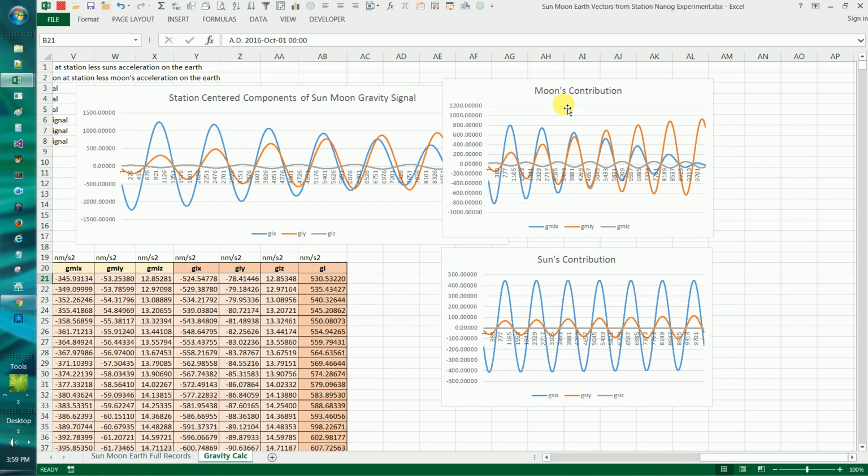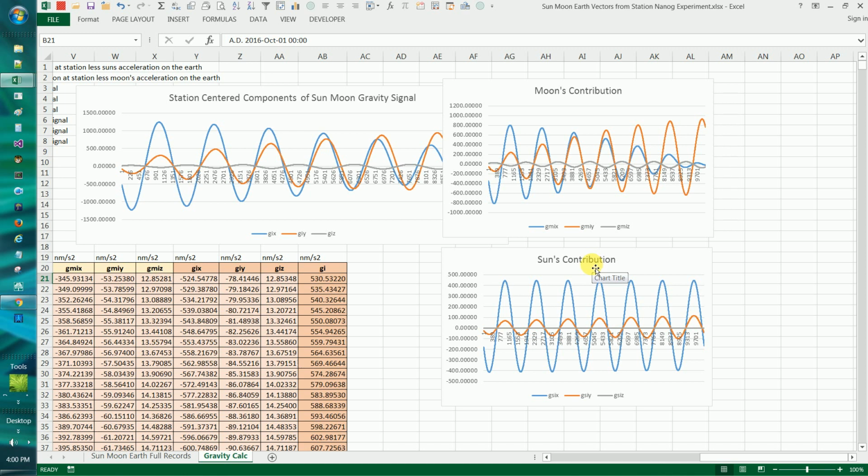So this is the moon's contribution, and I don't know the specific geometry of the orbits at the time. I have to go back and check them methodically to be sure I get them right. But this is a simple plot of the moon's contribution to the gravity signal, and this is the sun's.